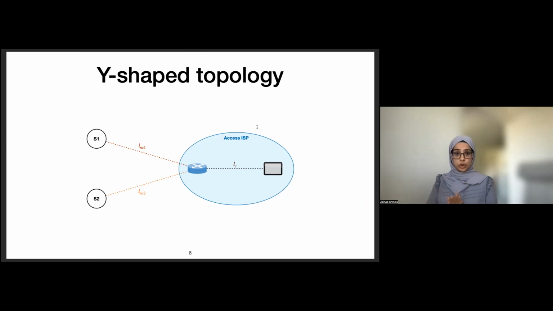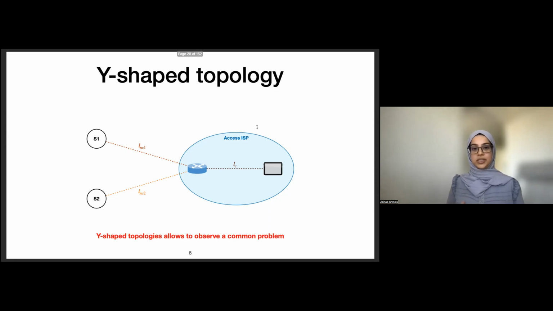And we need to make sure that the path pair has one intersection point, that's the brown part in the picture, so that if that brown part has a problem, the two paths from the server to the phone will observe this problem. This kind of topology, we call a Y-shaped topology, and Y-shaped topologies help us observe a common problem.